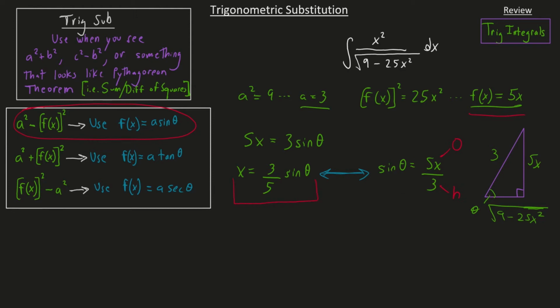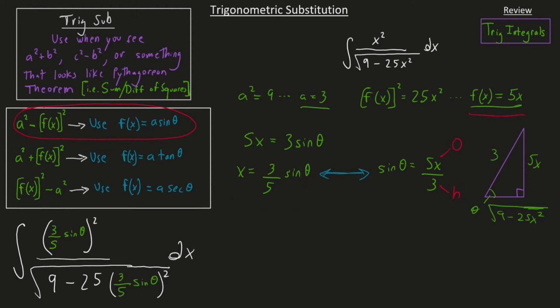But now, the name of the game is, let's just get all the x's out and put thetas in. This is trigonometric substitution after all. So it's not u substitution where we got x out and put u's in. We're trying to get x out and put thetas in now. So here I put our x in for this x and this x.